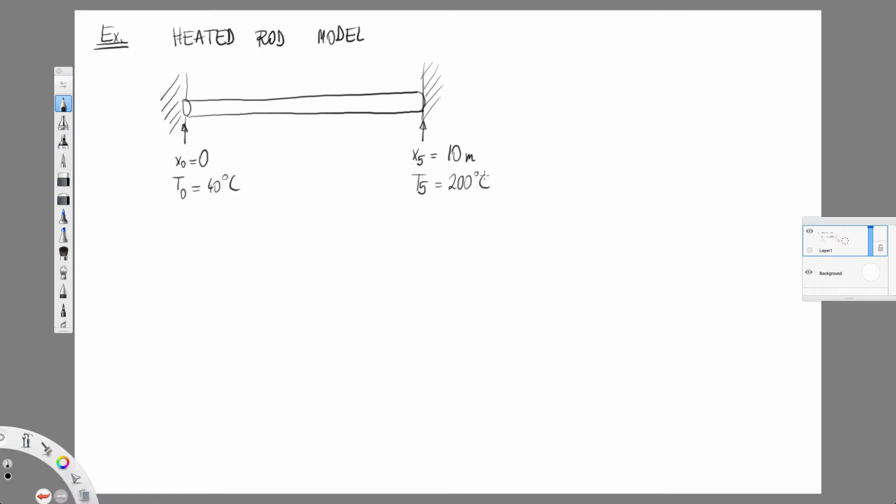Now this rod is not insulated. And there's some ambient temperature TA. TA is ambient air temperature, and I will assume it's 20 degrees Celsius.